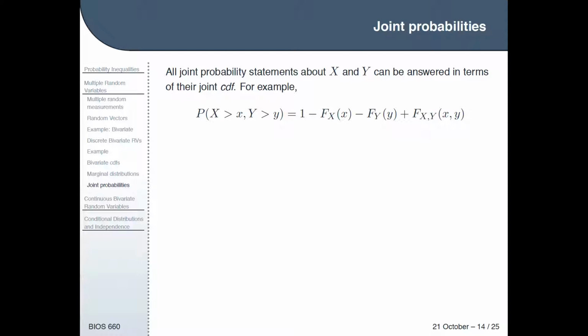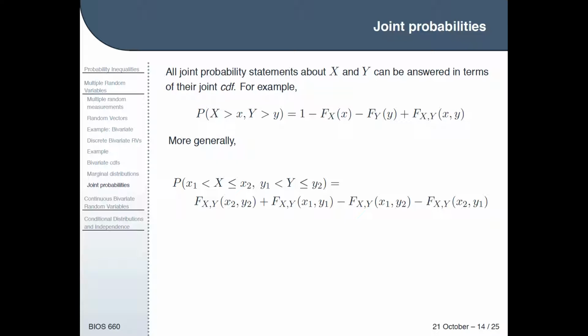This is similar to the inclusion-exclusion principle that we used for finding the probability of A union B: if you subtract off big F of x and big F of y, you end up subtracting off the lower left-hand corner twice, so you have to add it back in.